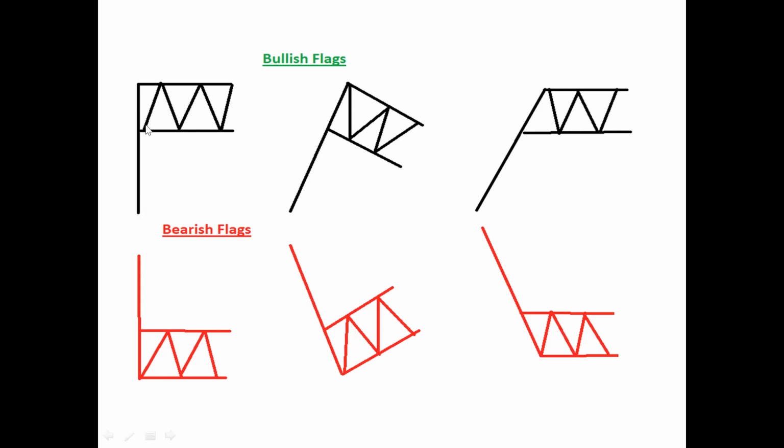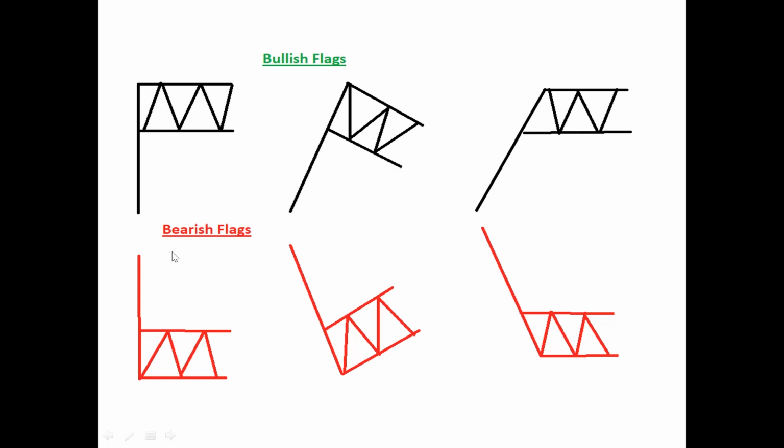And after that, this consolidation is there because some people book profit, some wait. Because of those reasons, the market goes into consolidation before the breakout to the upside. So this is a very bullish pattern. These are the variations of the bullish flag.